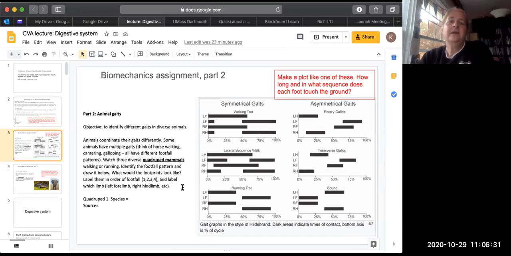So that's a different way. What I want you to do is simply look at some animals and make one of these graphs. This black line is how long that foot is staying on the ground during the one full stride length. Okay, any questions about that? It's just looking at diversity of gaits.